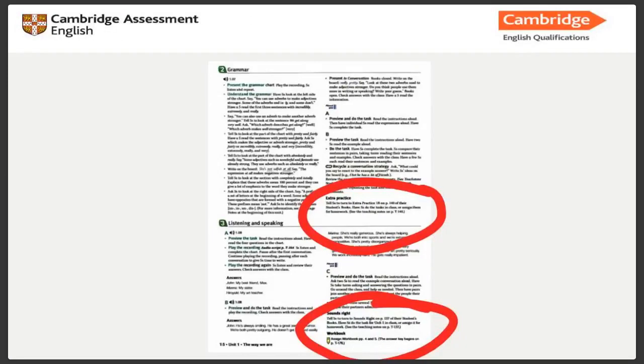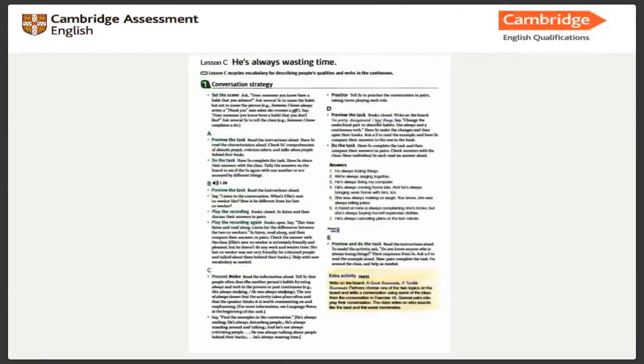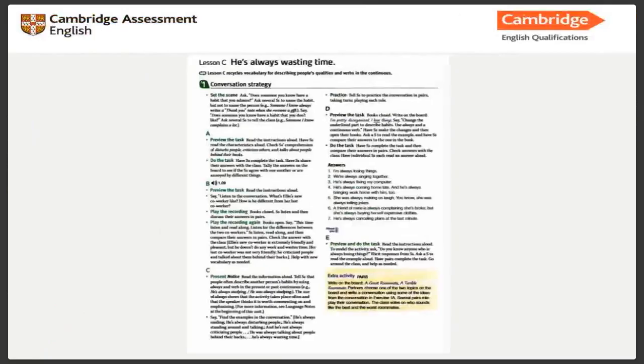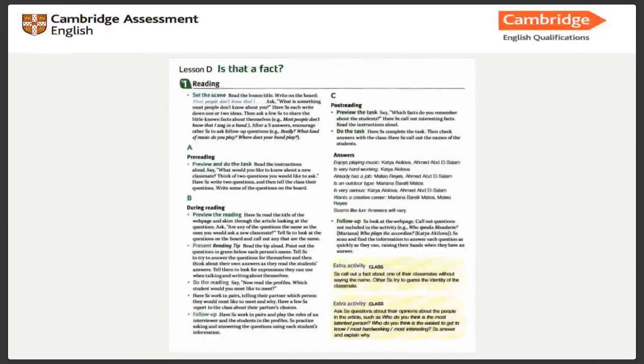Things like extra practice, sounds right, and the workbook. So, as you can see, the lesson notes are shown in a step-by-step manner, with indications throughout of how to integrate the different components of the student's material to produce a comprehensive course.